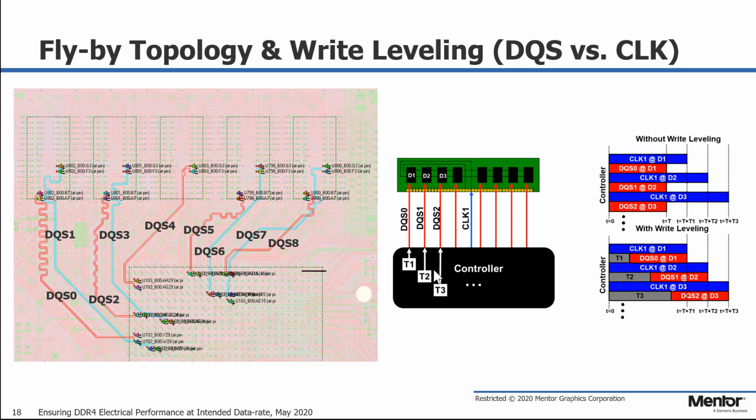This has to be compensated by the controller by inserting the skew delay for each DQS as shown on the right, by inserting the delays for each DQS shown by T1, T2, T3, and so on. Most of the DDR4 controllers should support this feature, but it's always good to verify.